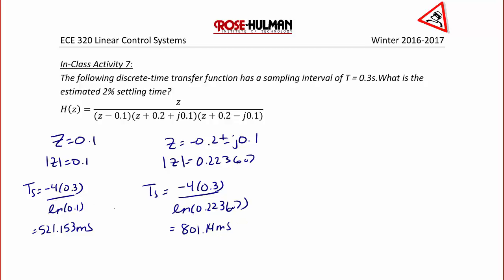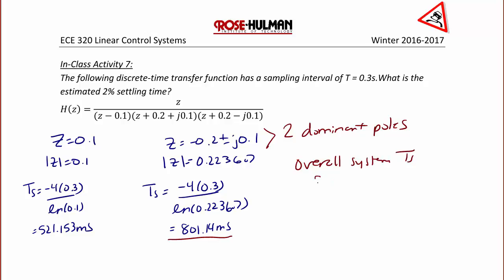So remember, the dominant pole is the one that takes the longest to settle. So this means that because 801 milliseconds is greater than 521, these are the two dominant poles, and the overall system settling time is 801.14 milliseconds. And recall that the way we could find this out quickly is by looking at the unit circle.